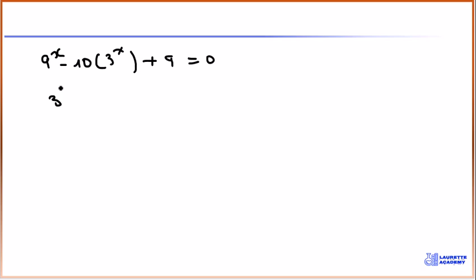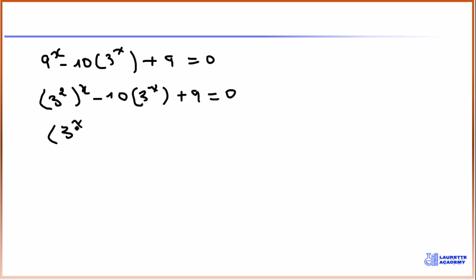3 squared. Okay, 9 is 3 squared, raised to the power x, minus 10 times 3 raised to the power x plus 9 equals 0, which you can rewrite as 3 raised to the power x, squared, minus 10 times 3 raised to the power x plus 9 equals 0.